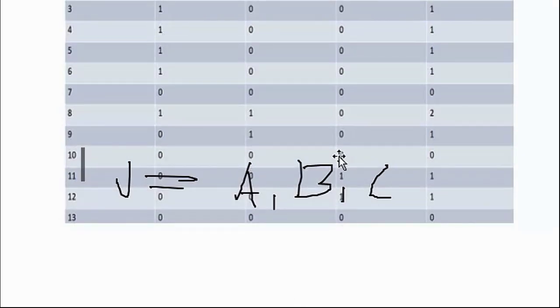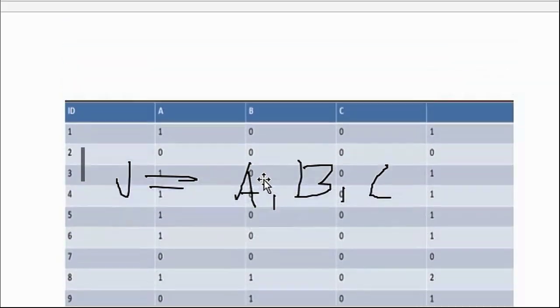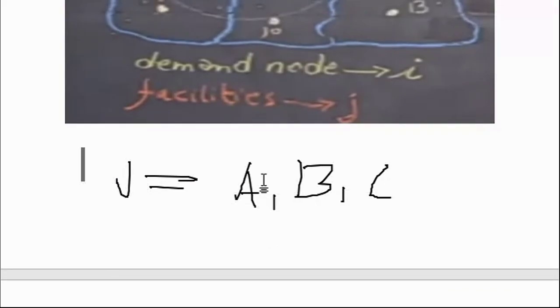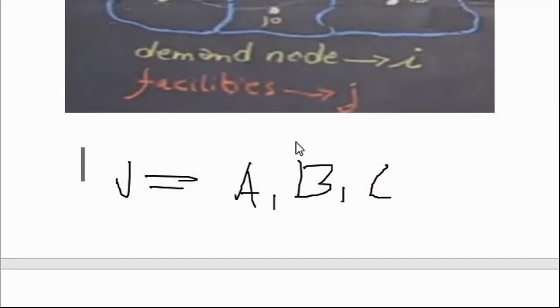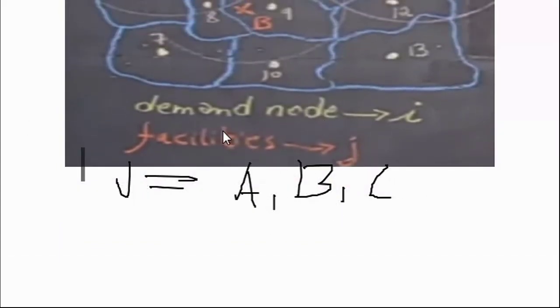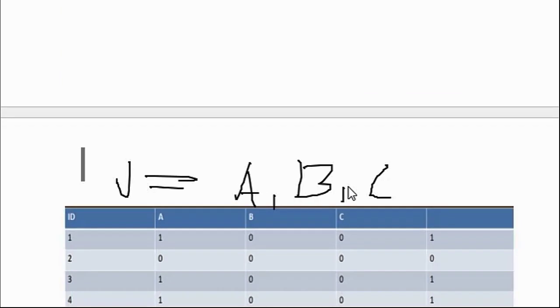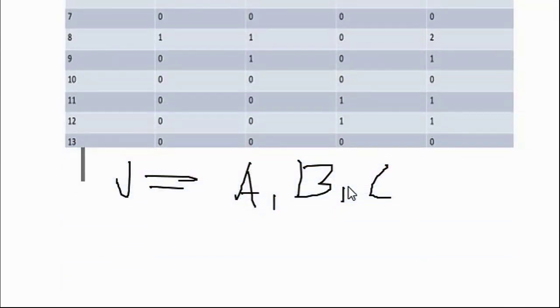Our facilities here, the J's here, are A, B, C, our potential facility locations or our selected locations.